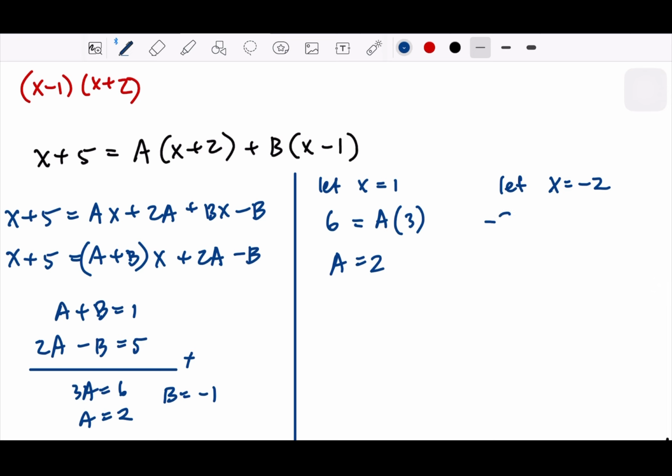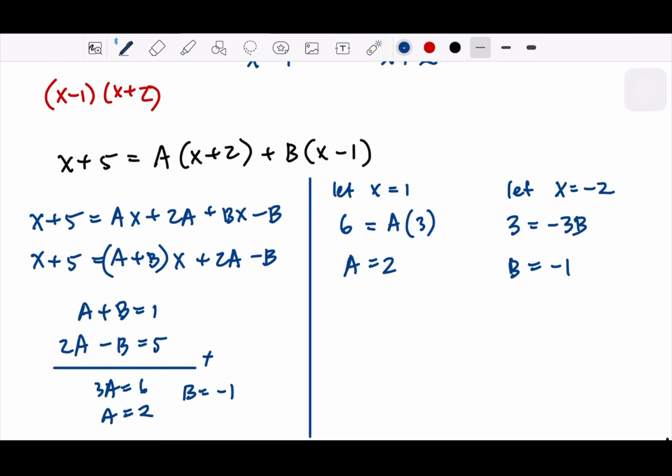So negative 3 equals negative 3b. Is it correct? x equal negative 2, yes, this is b, so b is negative 1. Any method is okay, as long as it solves the system of linear equations. I hope you understand the system of linear equations.